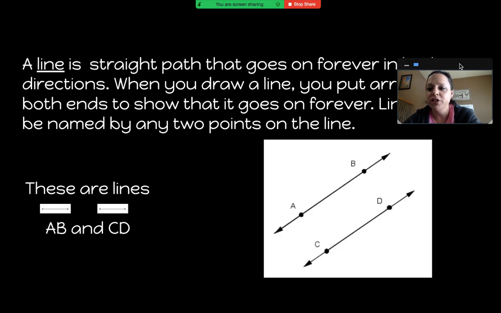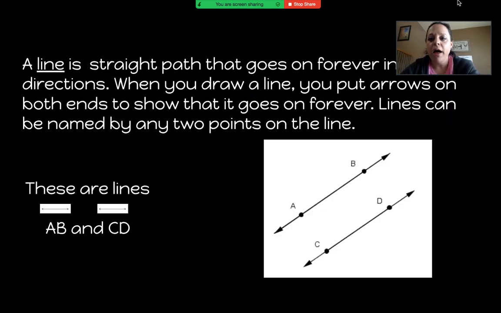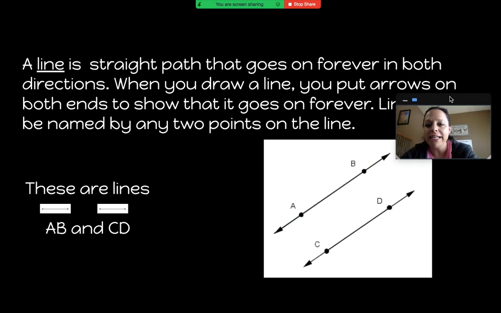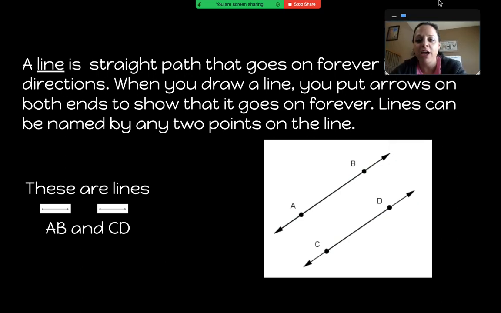All right, so lines. A line is just a straight path that goes on forever in both directions. When you draw a line, you put arrows on both ends to show that it goes on forever. Lines can be named by any 2 points on the line.